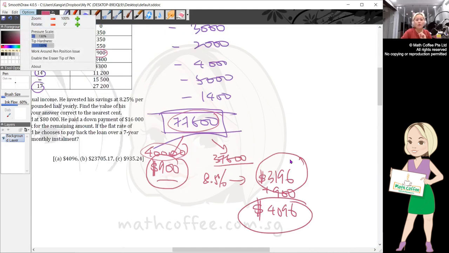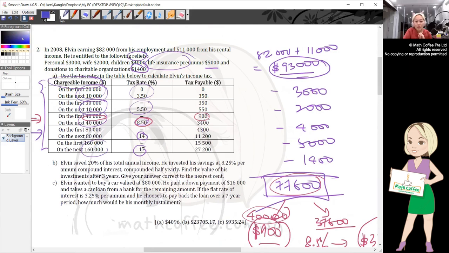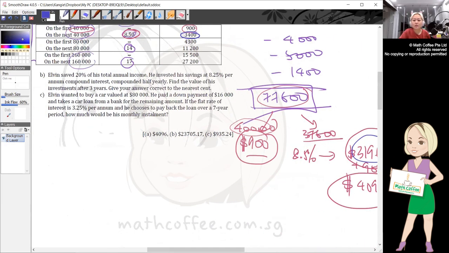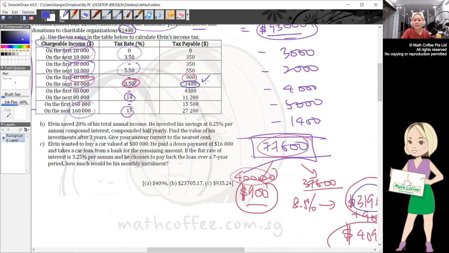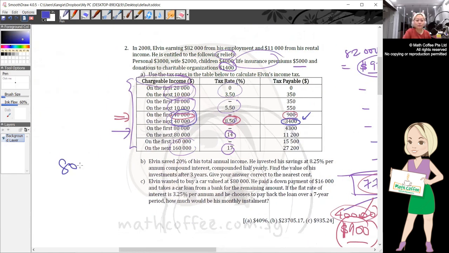Okay, a common question that students ask me on this table is they wonder what is this 3,400. They ask me, why is it 3,196 and why is it not 3,400? And what does this 3,400 mean? Okay, this is only for easy calculation. Imagine if today my taxable income is 80,000. I look at this one and I don't have to do any calculation.